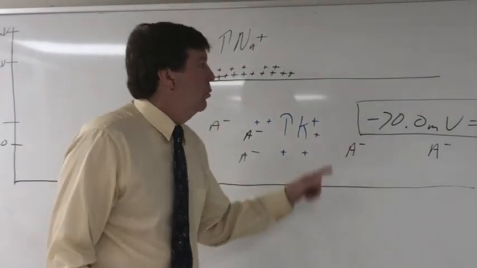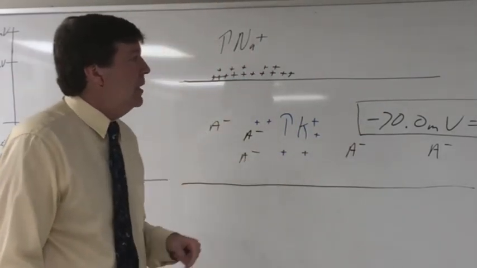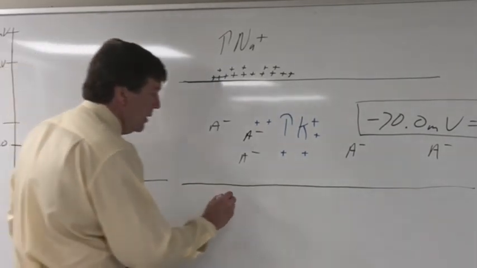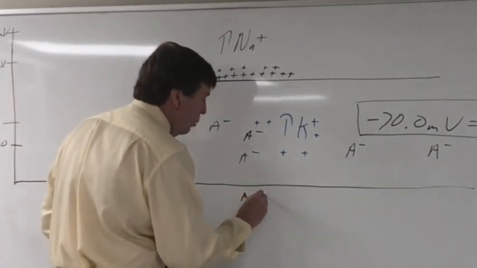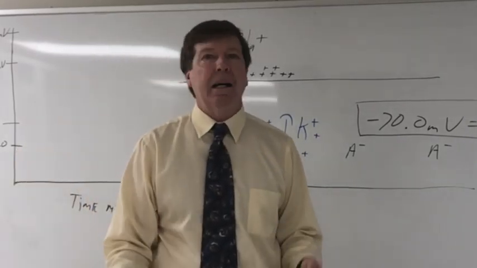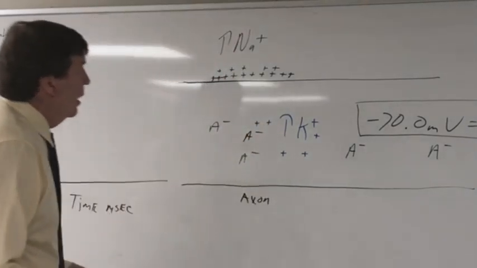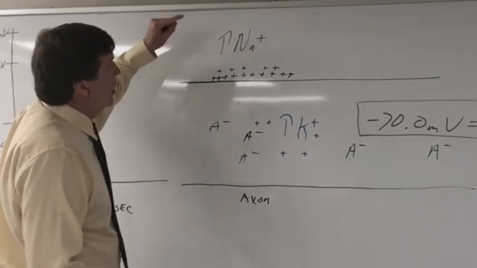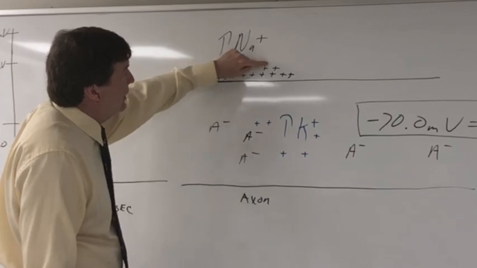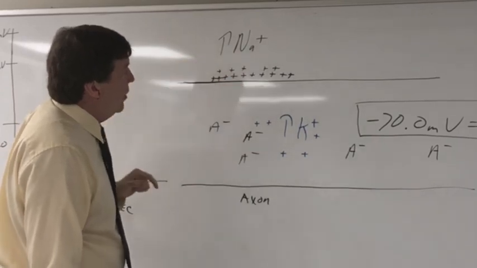Nothing new here. We've got the negative 70 millivolt resting potential of the nerve. Again, this is going to be the axon. What we're talking about for the axon would apply for the soma or the cell body as well. Anyway, notice at the start we have high sodium ion, so there's my positively charged sodium, quite a few of those.